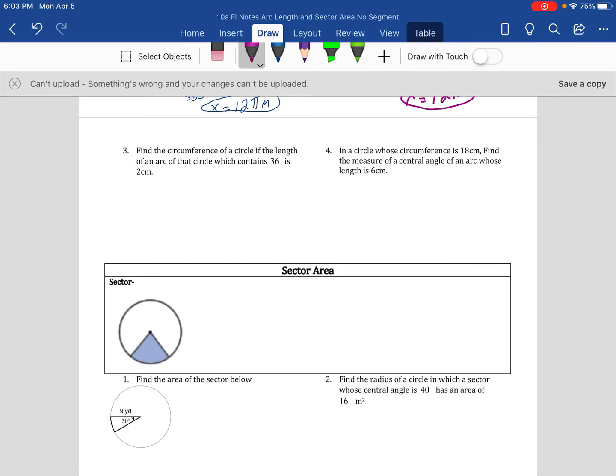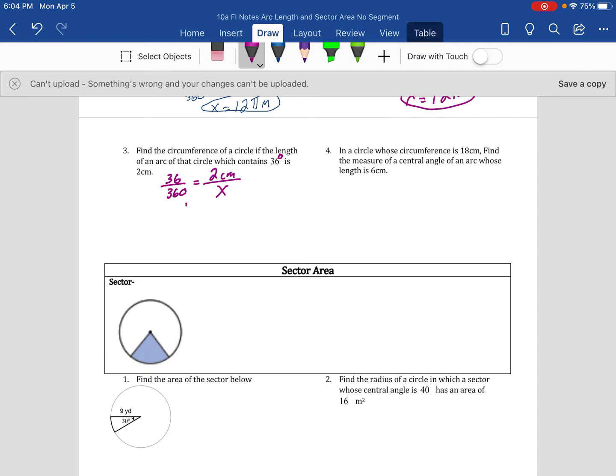Number 3, find the circumference of a circle if the length of an arc which contains 36 degrees is 2 centimeters. So this one is just trying to find the circumference. So I'm going to do 36 over 360. And I know that my arc length is 2 centimeters over, and we're trying to find the whole circumference.